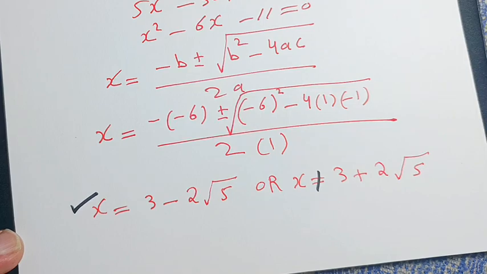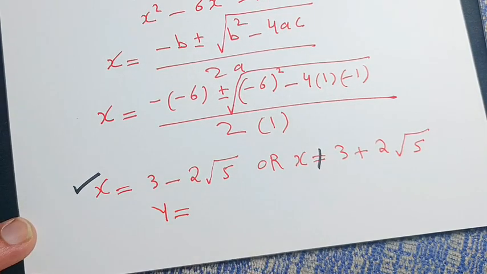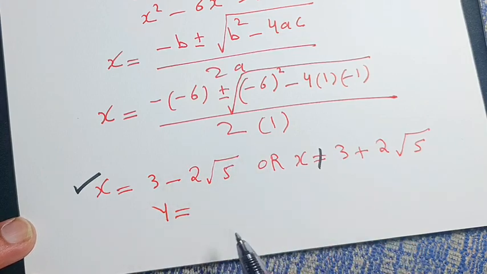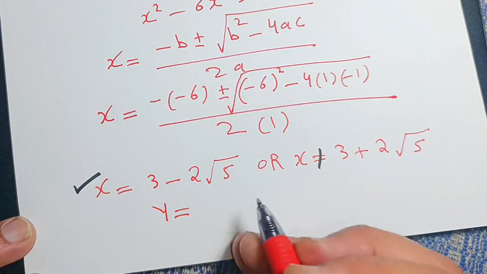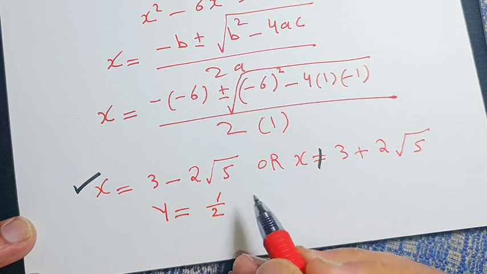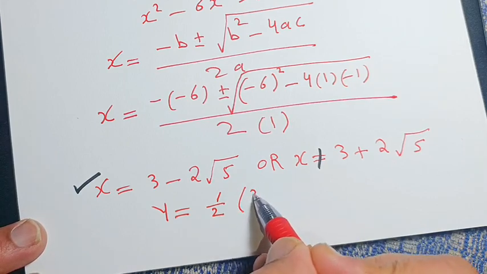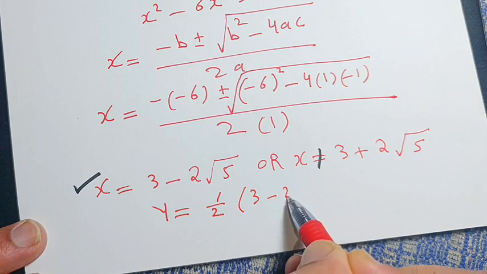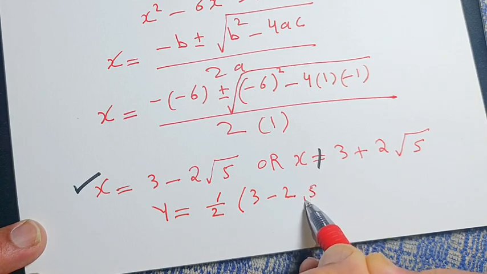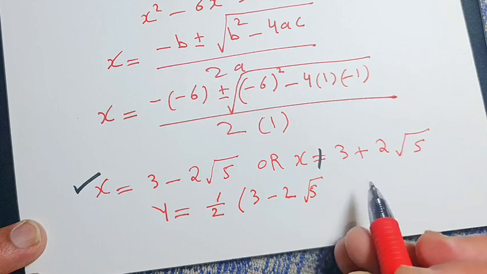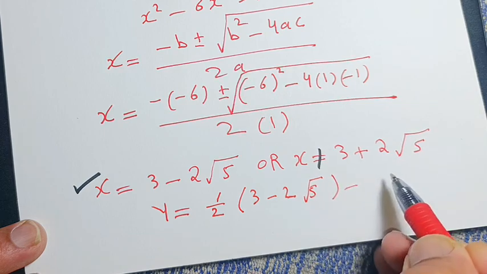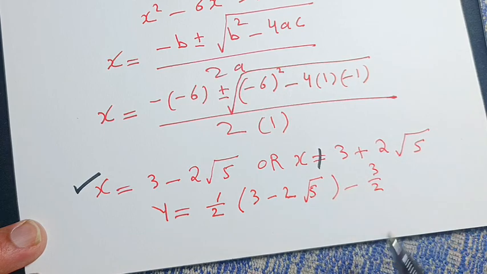So I'm going to find the y value. To find the y value, I'm going to substitute into the equation y is equal to mx plus c. You can substitute into the circle also, but I choose y is equal to mx plus c. 1 over 2, in place of x going to be 3 minus 2 multiply 5 root, and minus 3 over 2.